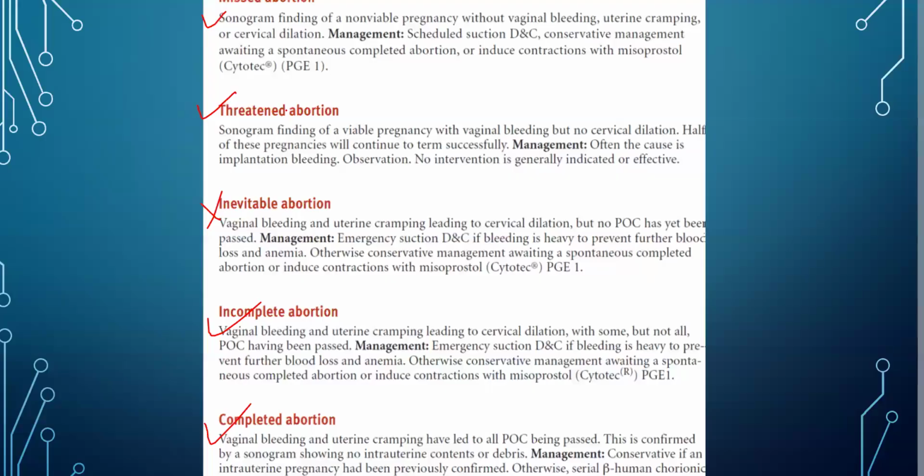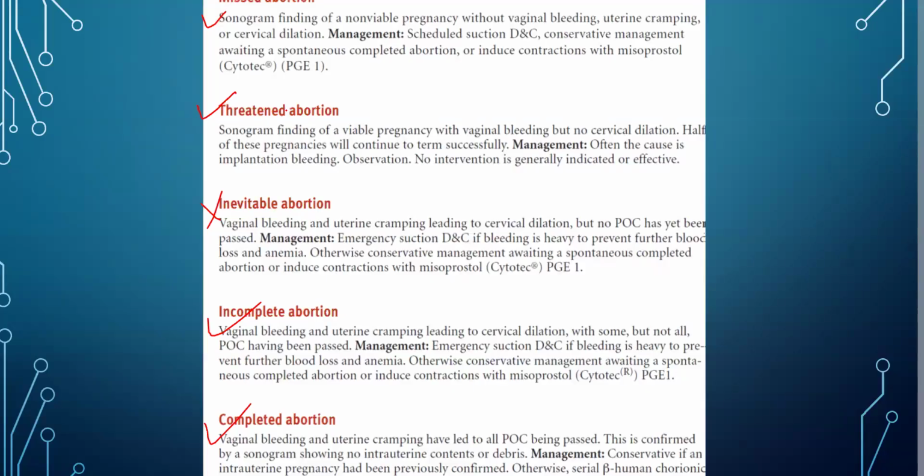So threatened miscarriage means that a patient coming to you with a mild per vaginal bleeding, and very unlikely they will have abdominal pain, but they can have a mild abdominal pain. So everything is mild PV bleeding, mild abdominal pain.